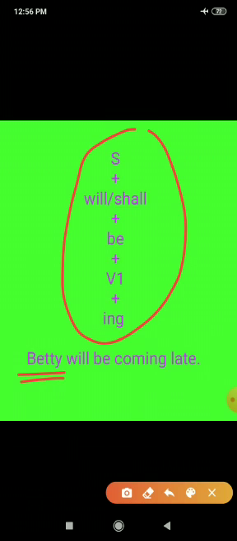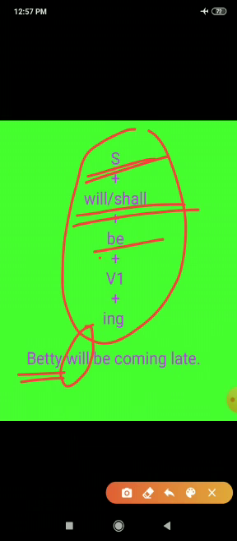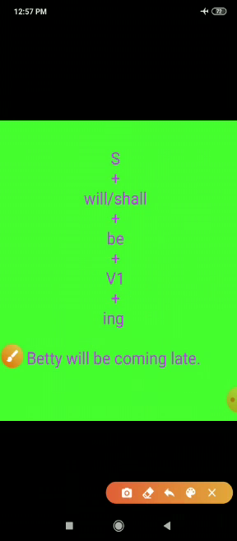Subject plus will or shall plus be plus V1, which means root form of the verb, in this case it is come, and ending ing. Betty will be coming late.